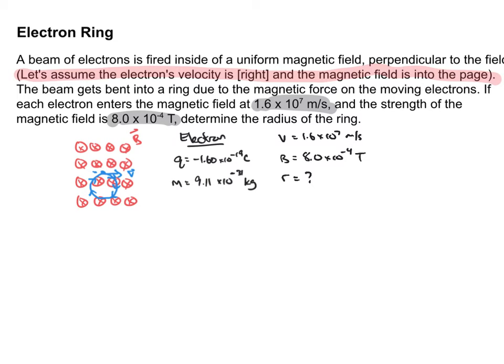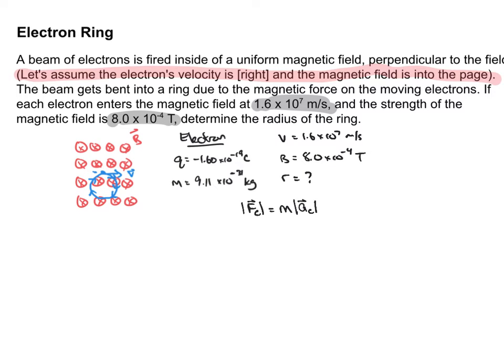So that would be that the centripetal force will equal the mass times the centripetal acceleration. That's Newton's second law. And the centripetal force is going to be caused by the magnetic force. That's the force that's pointing towards the center of the circle on this particle. So the magnetic force has a formula.